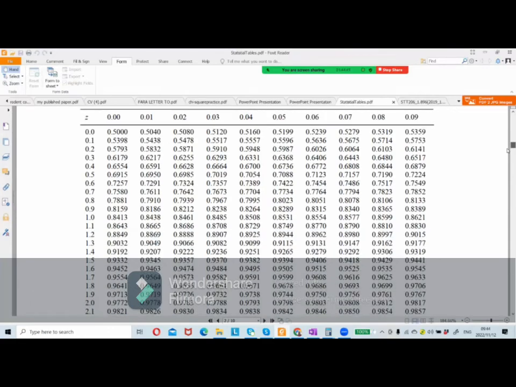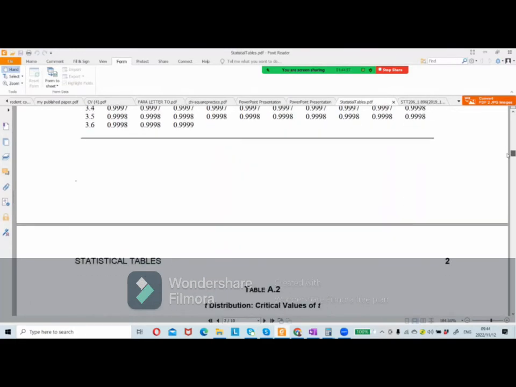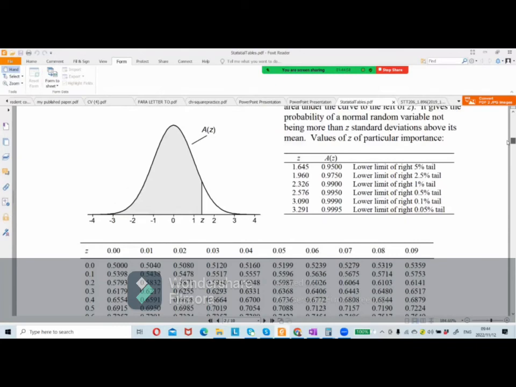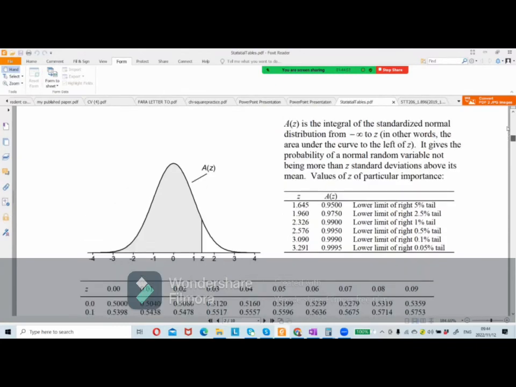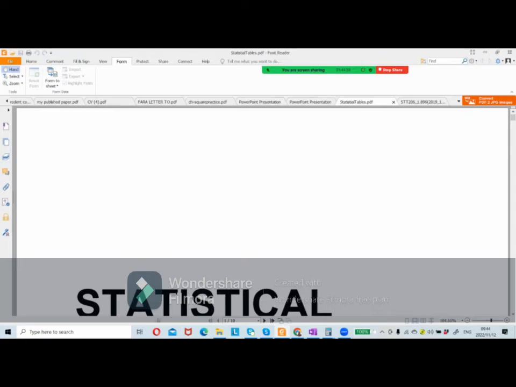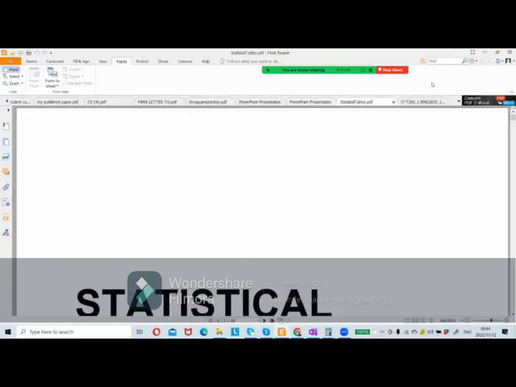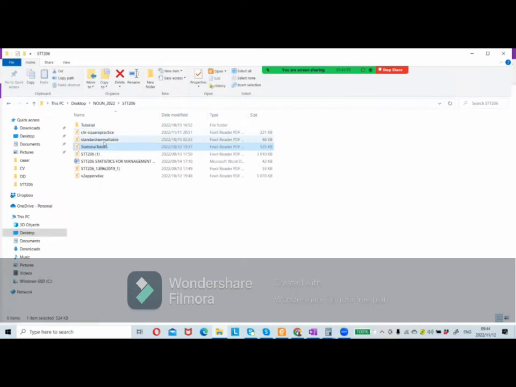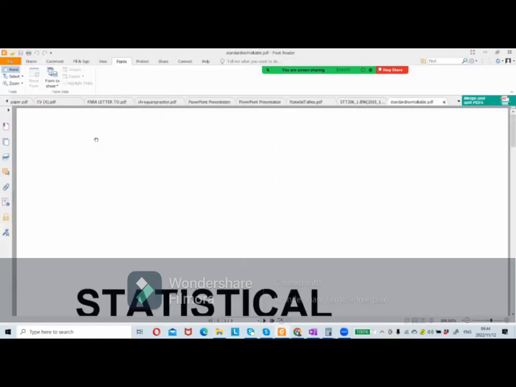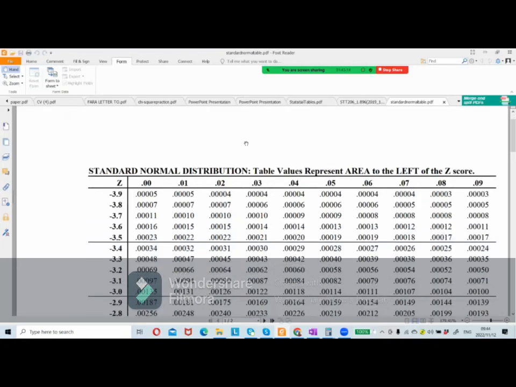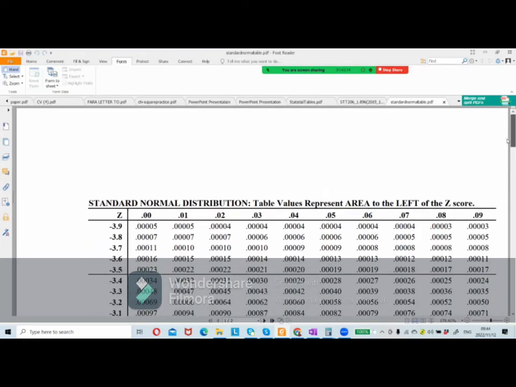Do I have the one that has negative? Did I upload the one with negative for you? No, sir. Okay, now I have one here. Probably after this, I will send it to you.